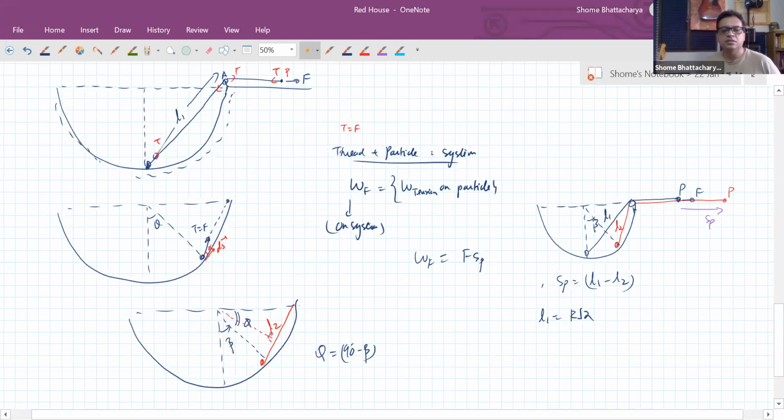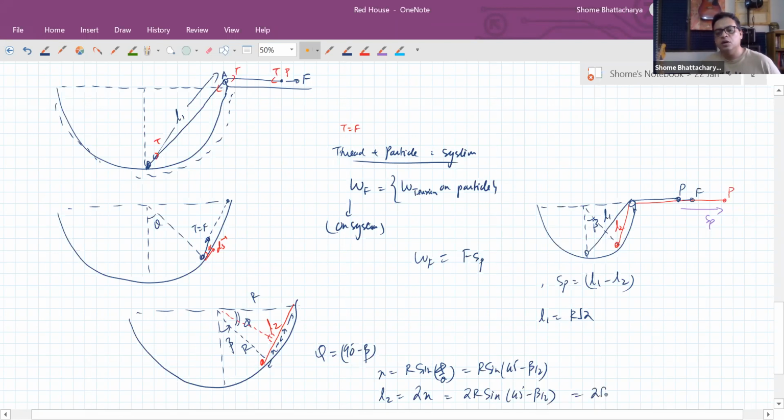It will bisect this. So this side is R, this side is R. If this is X and this is X, it bisects this triangle. So we have X equal to R sine phi by 2, so that is R sine of (45 minus beta by 2). So L2 will just become 2X, that is 2R sine (45 minus beta by 2).